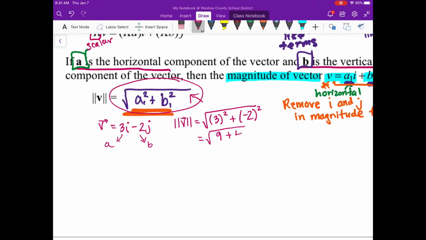Okay, so 3 squared is 9, -2 squared is 4, which gives me the square root of 13. So the magnitude of vector v is the square root of 13, and that's your answer.